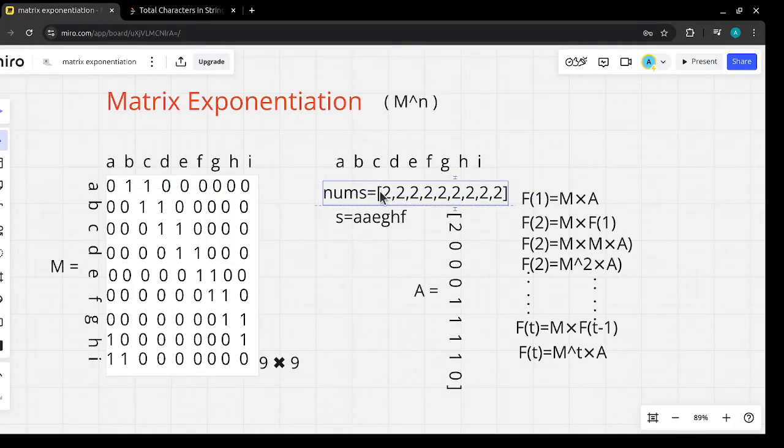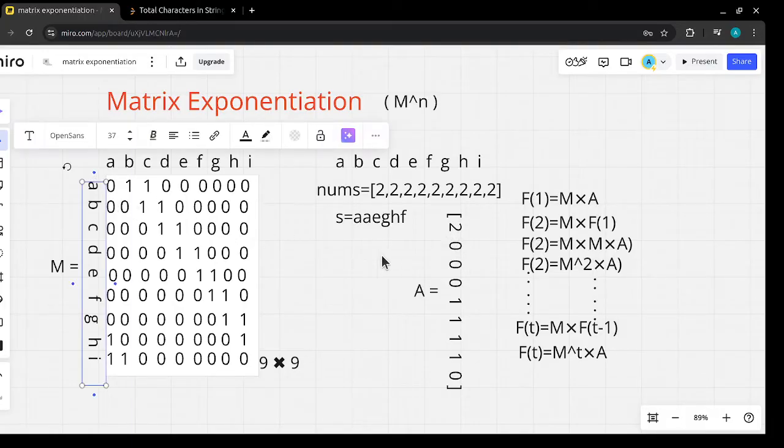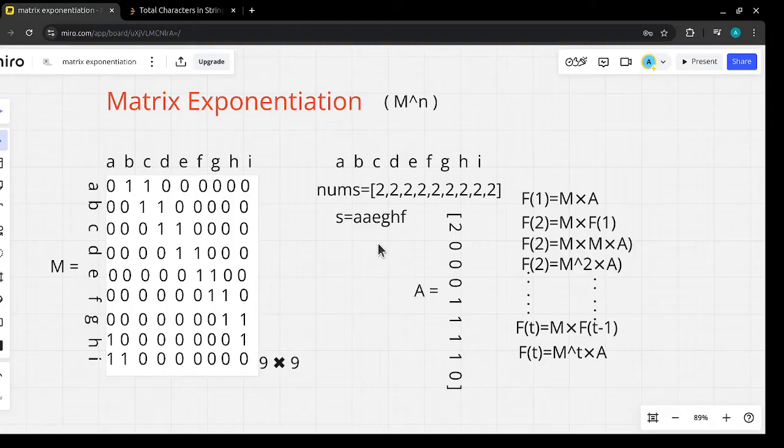So effectively, if you multiply the matrix with any row, what does it mean? The total number of character a formed after multiplication will be the summation of all these values multiplied with this vector.